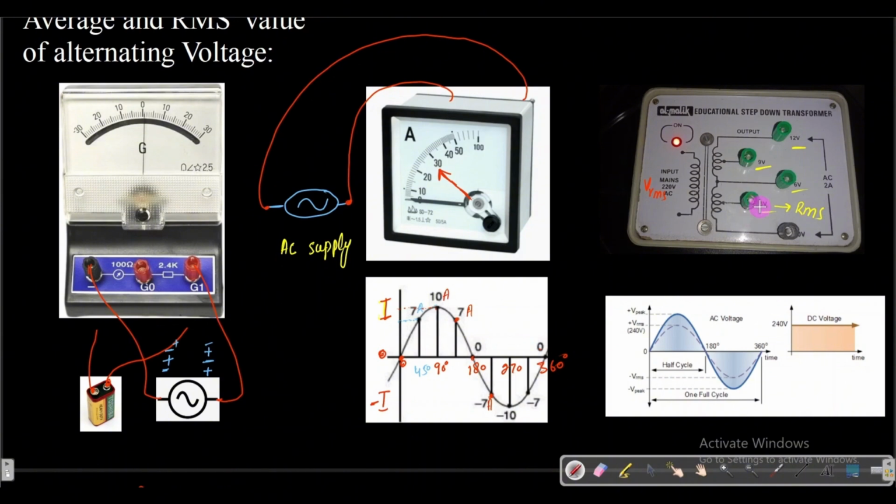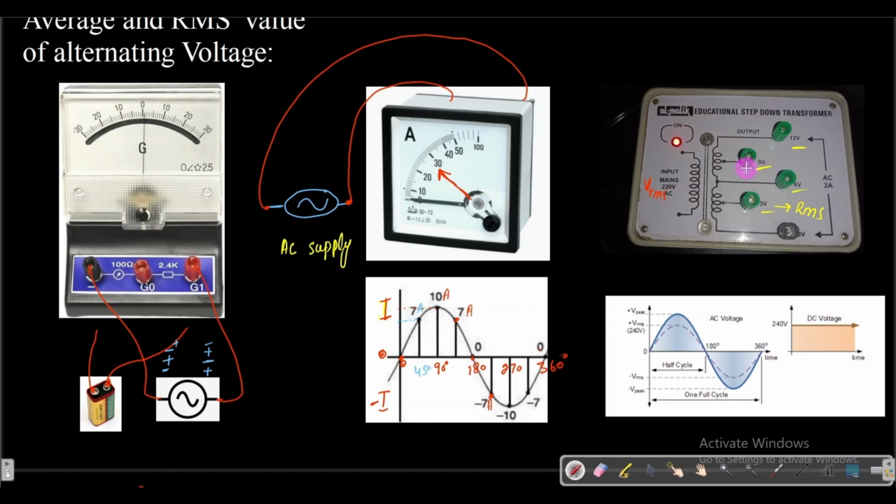So if the amplitude of this source is, let's say, the maximum, and this is the RMS value, their amplitude will be more than this value, and here this is also the RMS value, not the peak value.